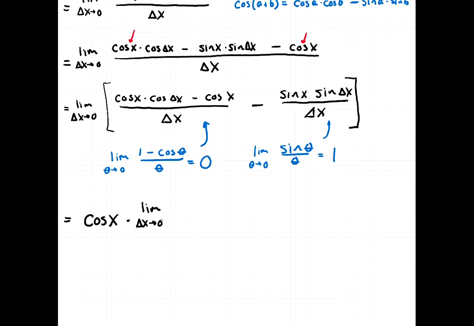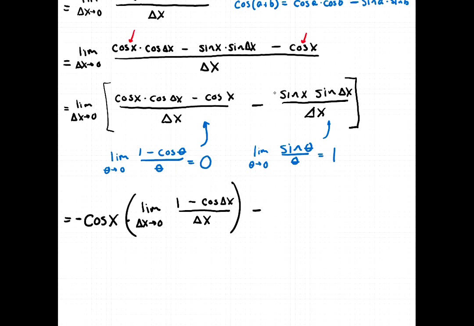And actually, if we want to make this fit exactly the form of this limit, we'll factor out a negative cosine of x. Okay, so then we'll have 1 minus cosine of delta x over delta x, so let's use parentheses. And then we have minus.